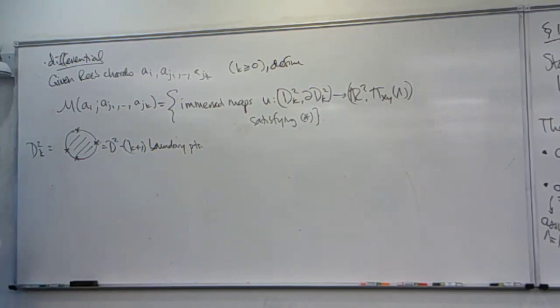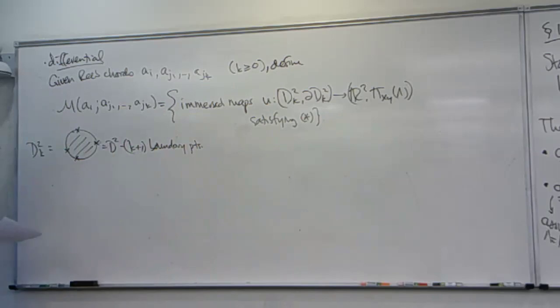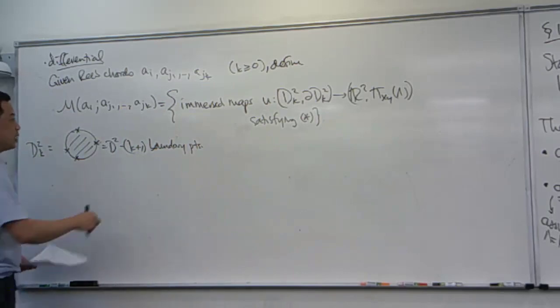And what's going to happen is that this disk is going to be mapped into R^2 in such a way that its boundary maps to the XY projection of the knot. In this setting, I actually don't need to remove the boundary punctures, but maybe it's better for the geometric motivation later on. Okay, so that's not so bad.